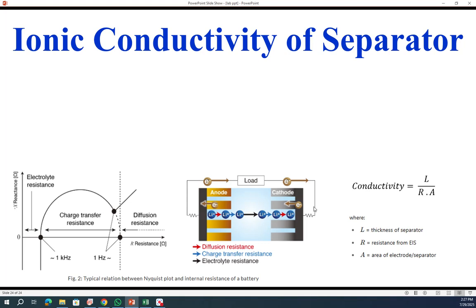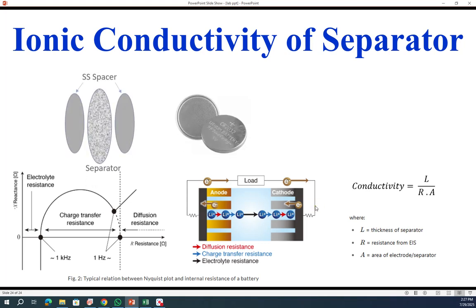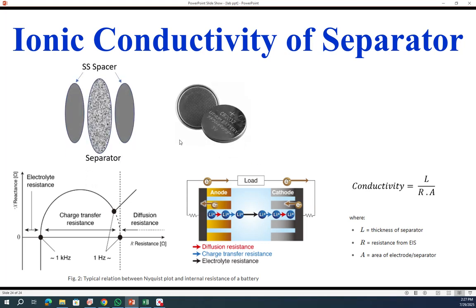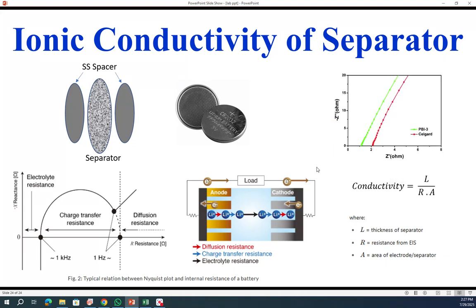So let's see how we can measure. We can use coin cells. The format is we place the stainless steel spacer on both sides of the separator, and then soak with the electrolyte. Then do the EIS, and EIS looks like this. This is the ohmic resistance, and this is the imaginary resistance.